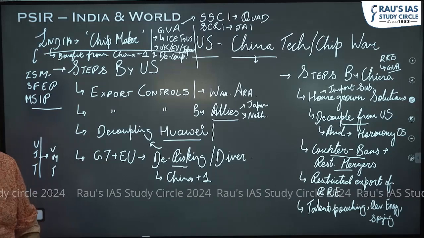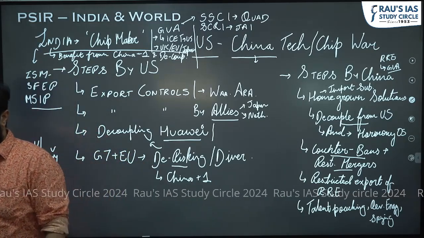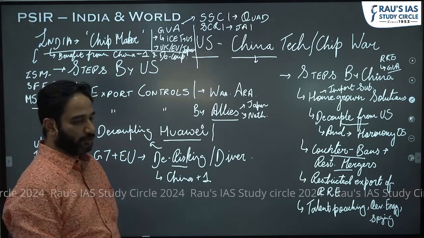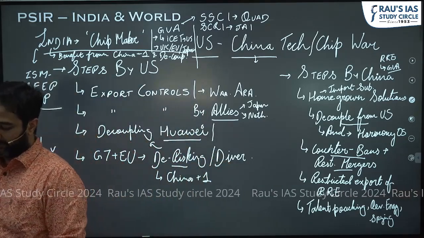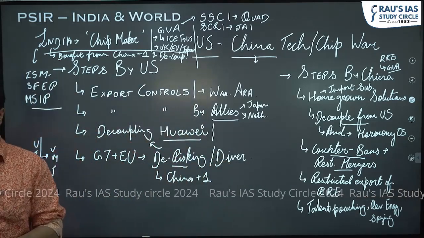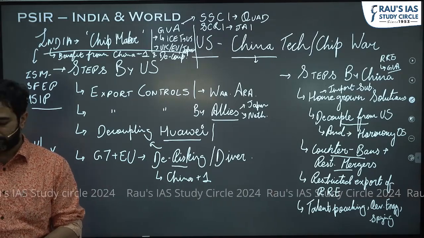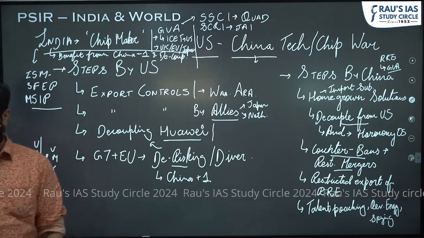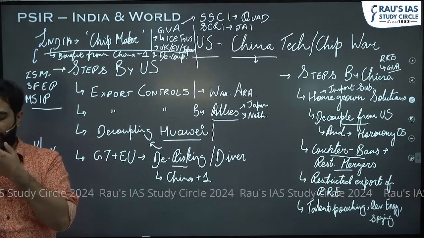Write on, Dr. Jaishankar has argued for optimizing globalization with resilience in supply chain.